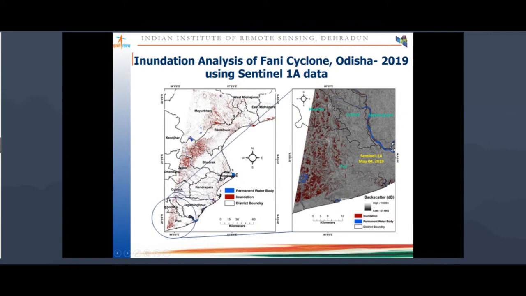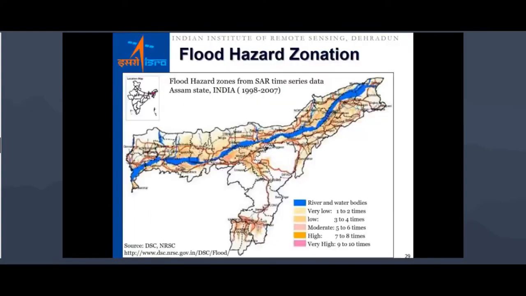Okay. So this is what I have informed you about flood mapping, monitoring, inundation area, damage assessment. Now let us come to flood hazard zonation. So flood hazard zonation means what?